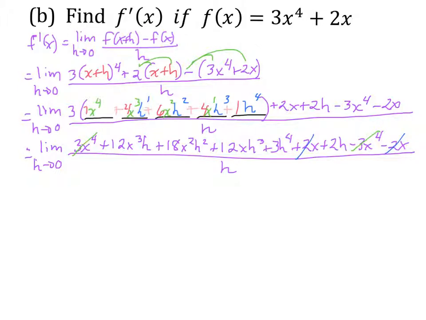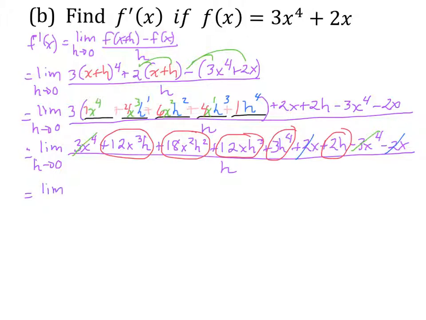So we've got our 2x canceling with our negative 2x. The rest of these are all left over. So I'd highlight these if I were you. So those are all left over. What do they all have in common? In h.